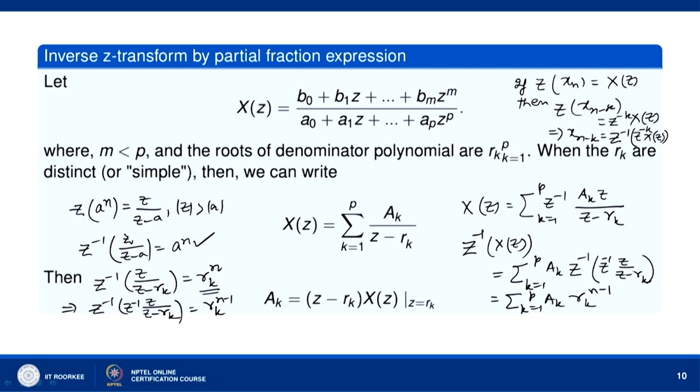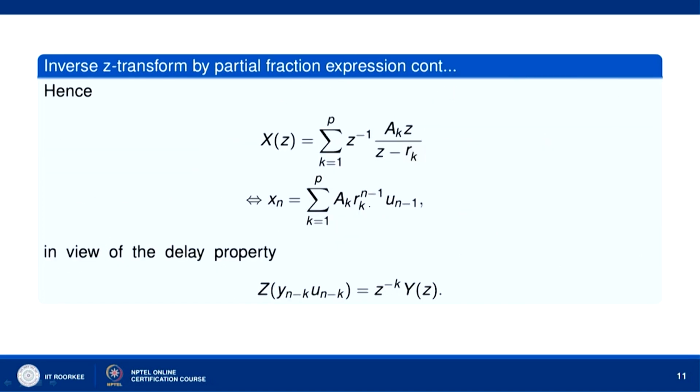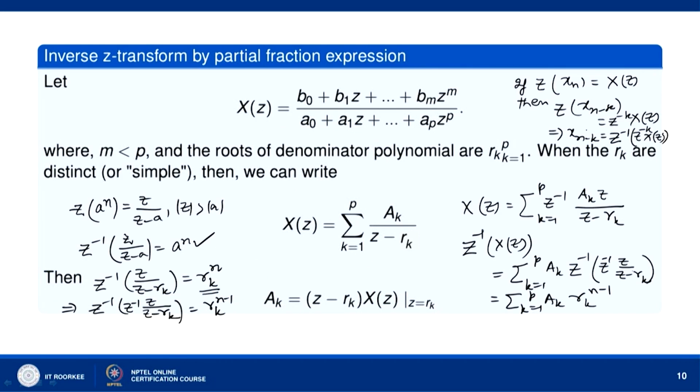Okay. So, we get here a k r k to the power n minus 1 u n minus 1, because you can multiply this by u n also. So, u n minus 1. Okay. This is x n minus k into u n.